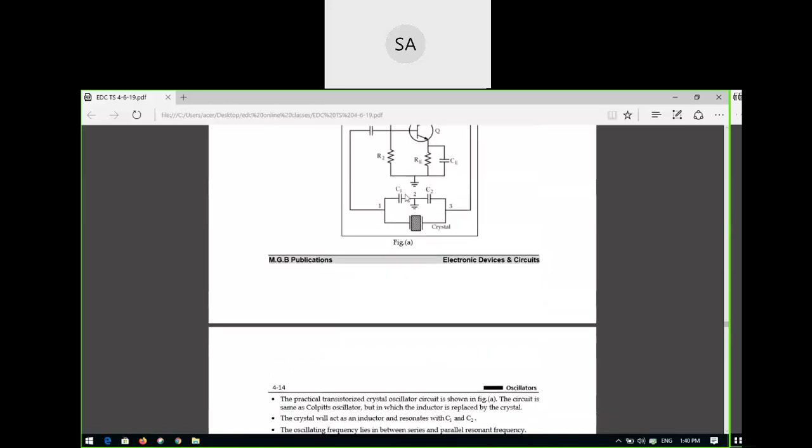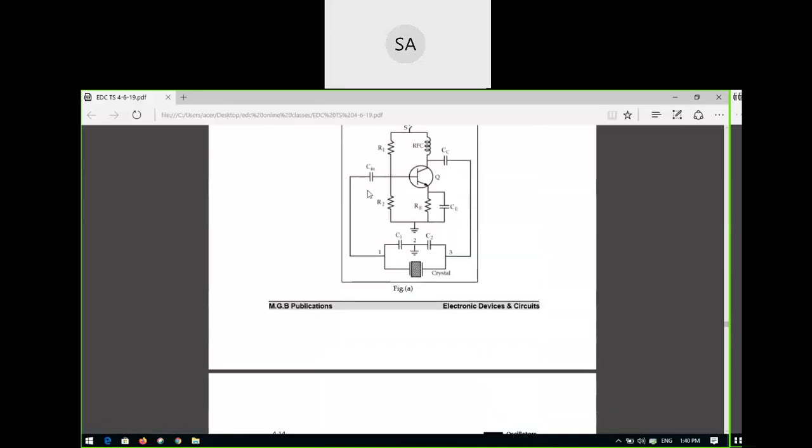The transistor generates a 180 degrees phase shift, and the feedback network generates 180 degrees phase shift, so the total phase shift around the loop is 360 degrees. Also the loop gain should be equal to 1, that is AV times beta equals 1.